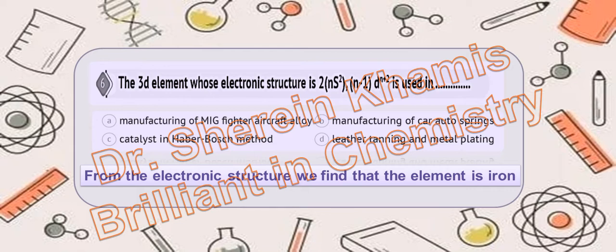In the transition elements, ns² (n-1)d from 1 to 10, the calculated number is iron, atomic number 26. What are the uses of iron here? The right answer is as a catalyst in the Haber-Bosch method. We use iron as a catalyst in the Haber-Bosch method.